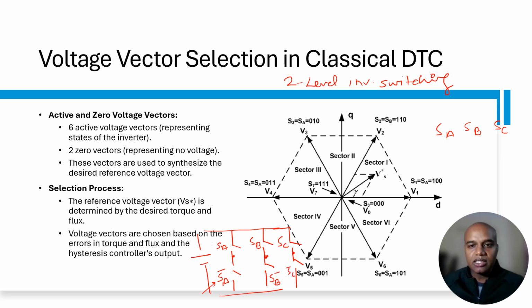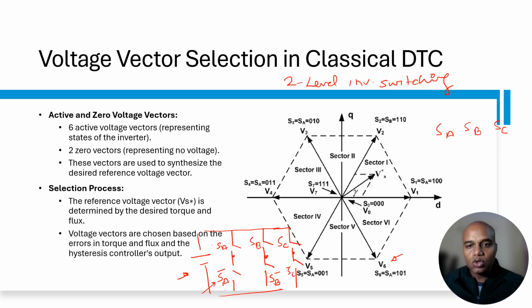Based on that, the switching SA, SB, and SC is shown here, and the switching vector is divided into 6 vectors and 2 zero vectors. V1 to V6 are the switching vectors for this two-level inverter, whereas V0 and V7 are my zero vectors.